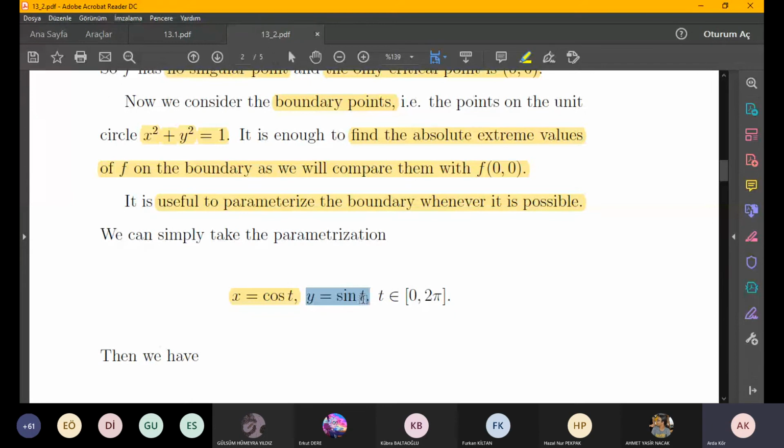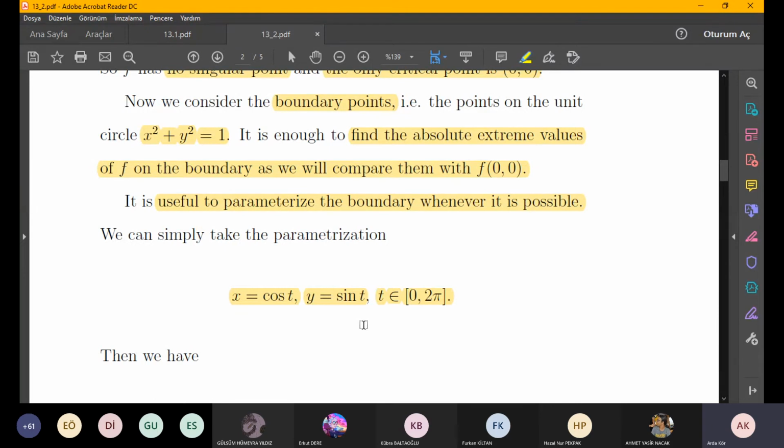For any point on that circle, where t is between 0 and 2 pi, you can write the x coordinate of the points on the unit circle as cosine t, and the y coordinate as sine t.